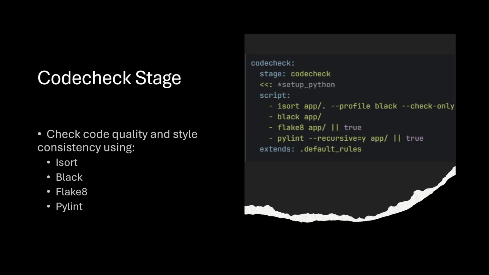The code check is where it checks the code for quality and style consistency using isort, black, flake8, and pylint. Isort is using a black profile to keep them unified, while black and pylint are set to check the code but allow it through without failing the stage.